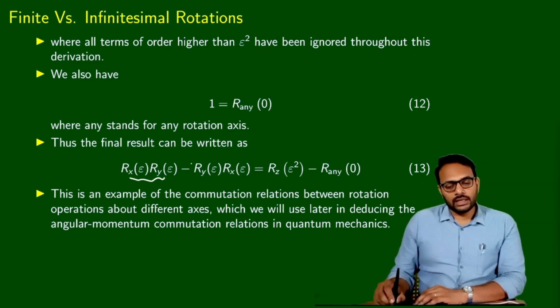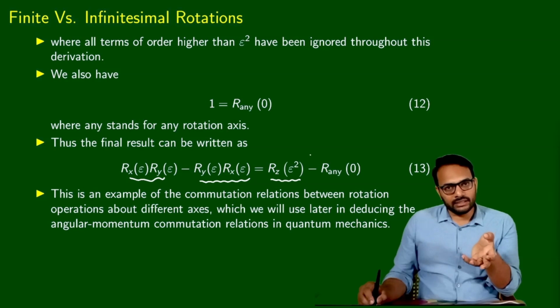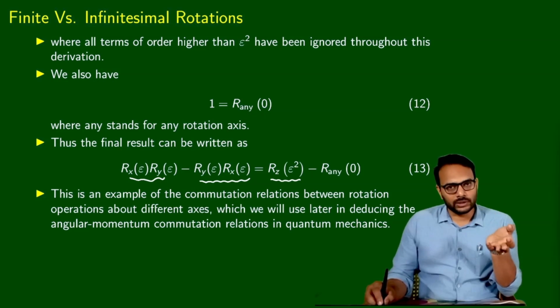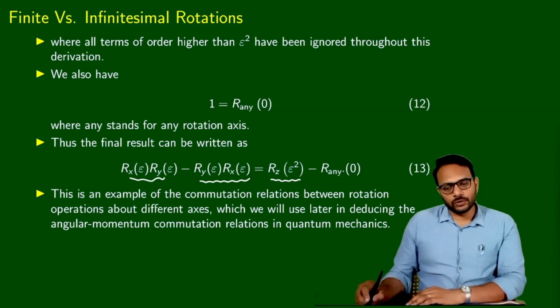Rx of epsilon, Ry of epsilon minus Ry of epsilon, Rx of epsilon is equal to Rz of epsilon square minus the identity matrix. But the identity matrix you can write as the rotation about any axis by an angle 0, which means there's no rotation at all. So the identity matrix can be represented as R any of 0.